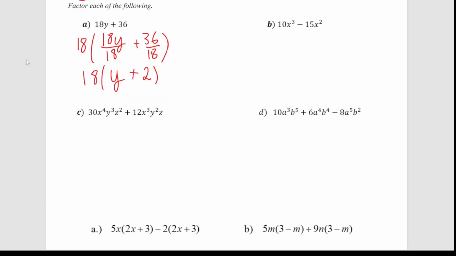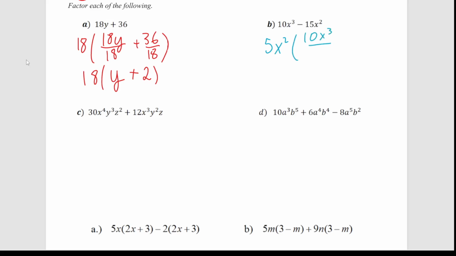For the next one, in terms of these coefficients, 5 is the greatest common factor because 5 goes into 10 and 5 goes into 15. In terms of variables, between x cubed and x squared, x times itself twice would be the greatest common factor, so x squared.